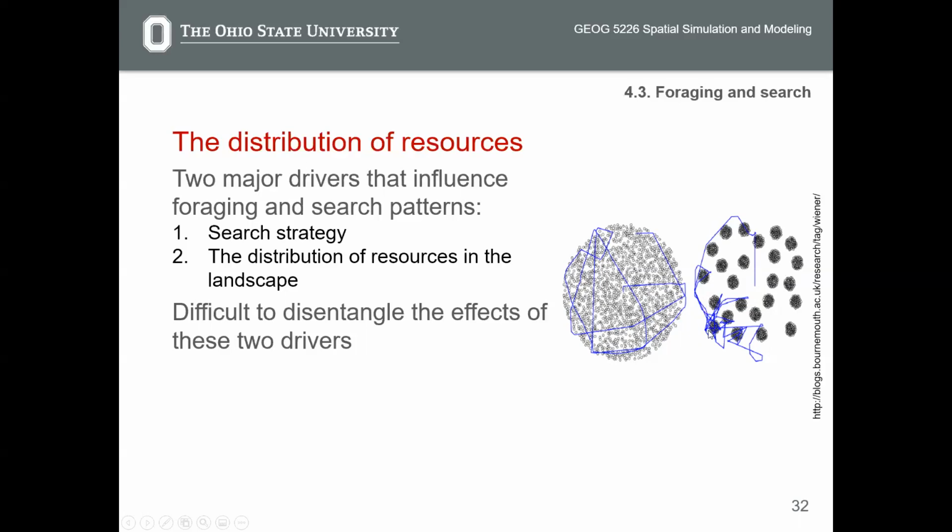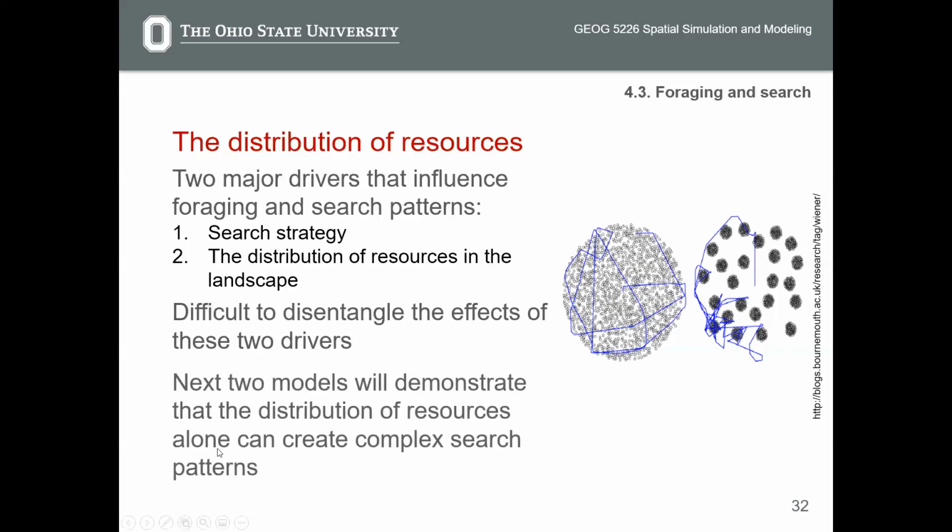This is actually Levy flight, right? We mentioned it before. A lot of small moves and several big leaps. So in the next two models I'm going to introduce, they will demonstrate that the distribution of resources alone can create complex search patterns.